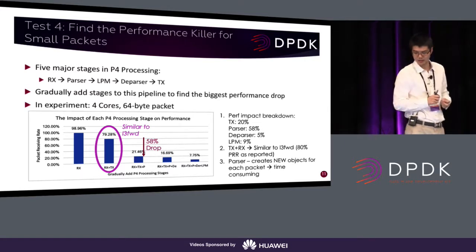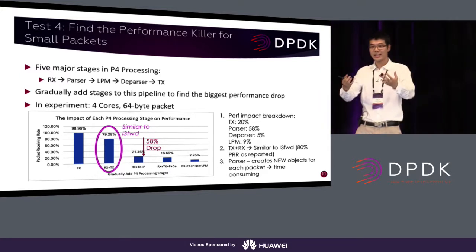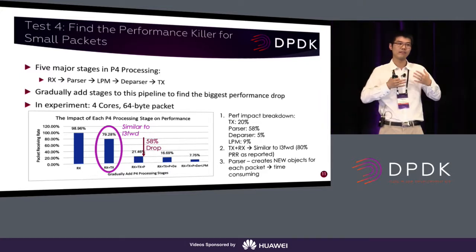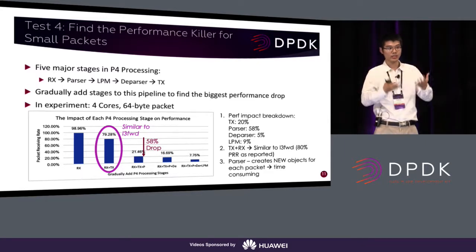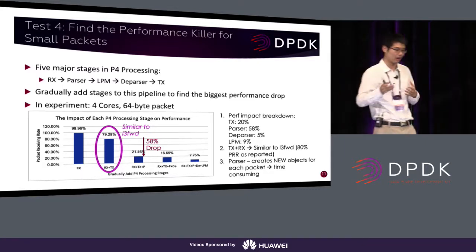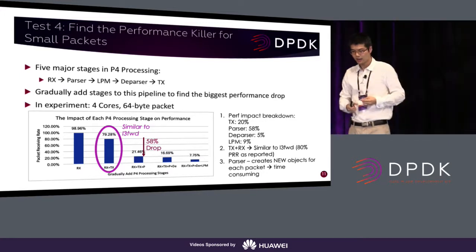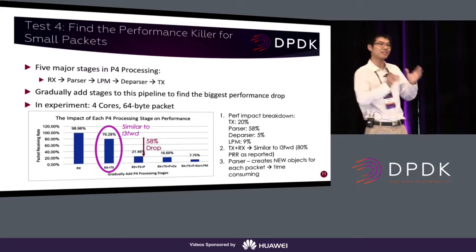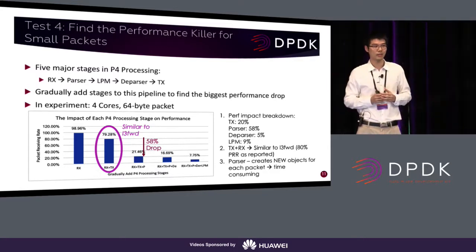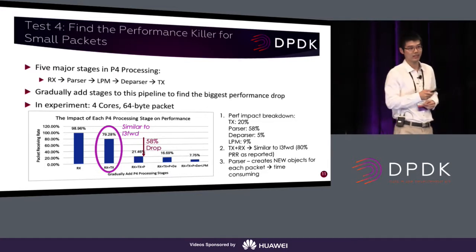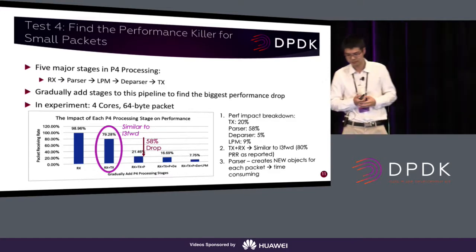This is because we dug into the code and found that for each incoming packet into BMV2, BMV2 will use the new object, as in an object-oriented language, a new object for each packet. This is the most time-consuming stage inside of this entire pipeline. And this incurs almost a 60% performance drop.